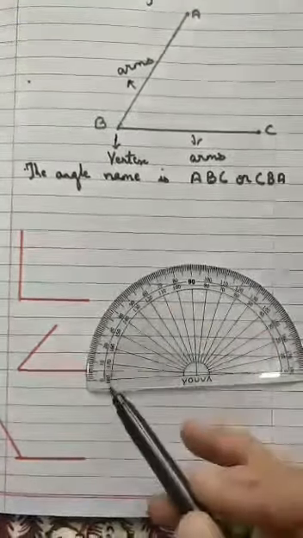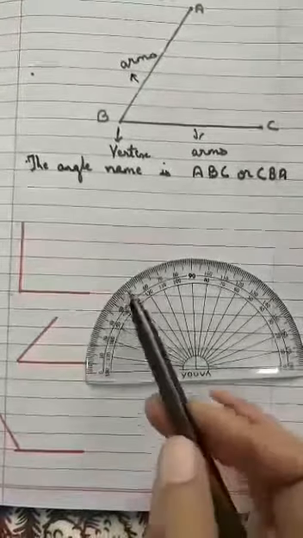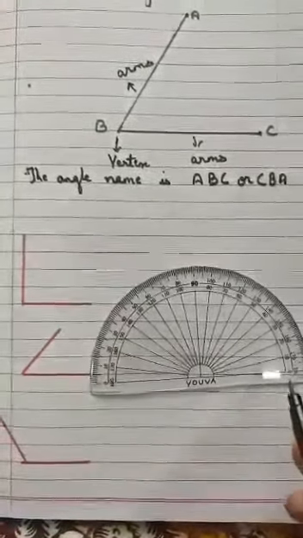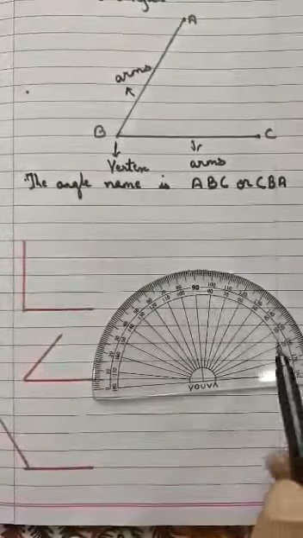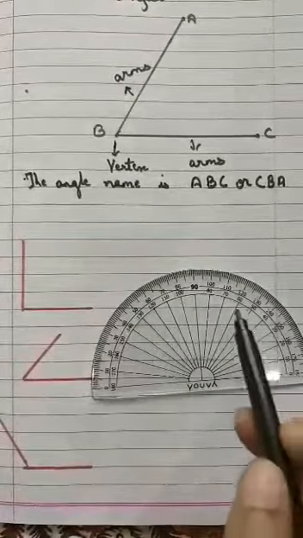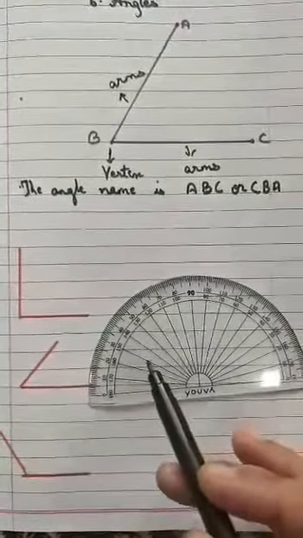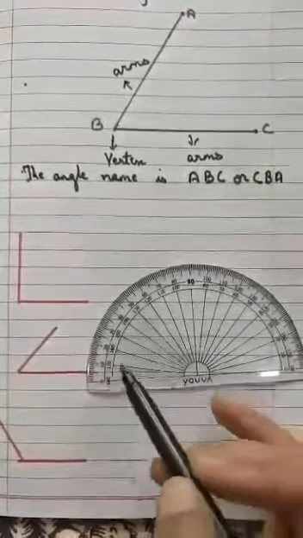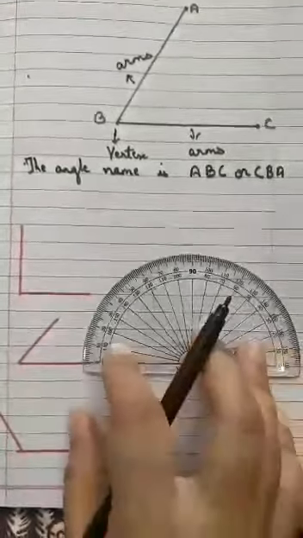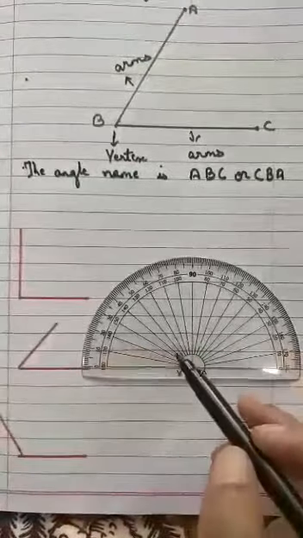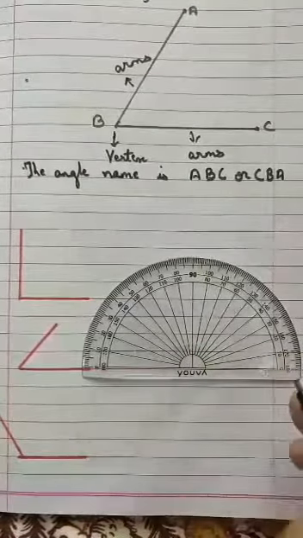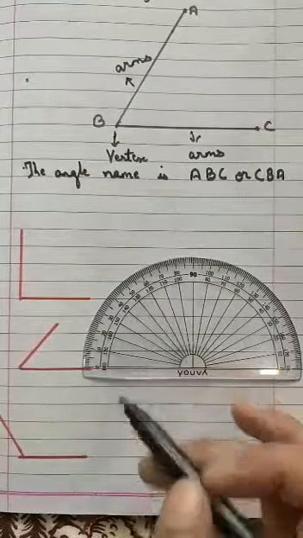These numbers start from 0 to 180, and from here again 0 to 180. You can see there are two number lines here. Yes or no? Yes. It starts from 0 to 180, and here again 0 to 180.